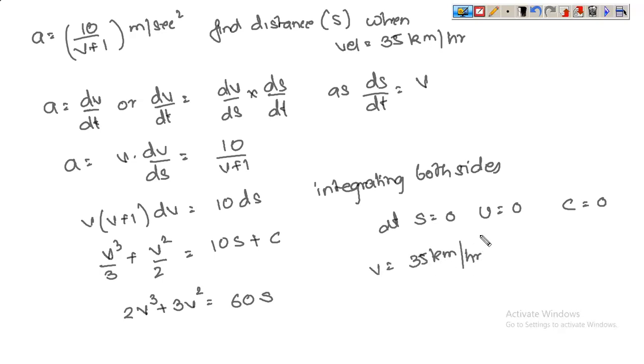If you convert this into meters per second, you have 9.72 meters per second. So if you put v is equal to 9.72 in this equation, you have s is equal to 35.5, sorry, 35.35 meters. This is the distance traveled for this problem.